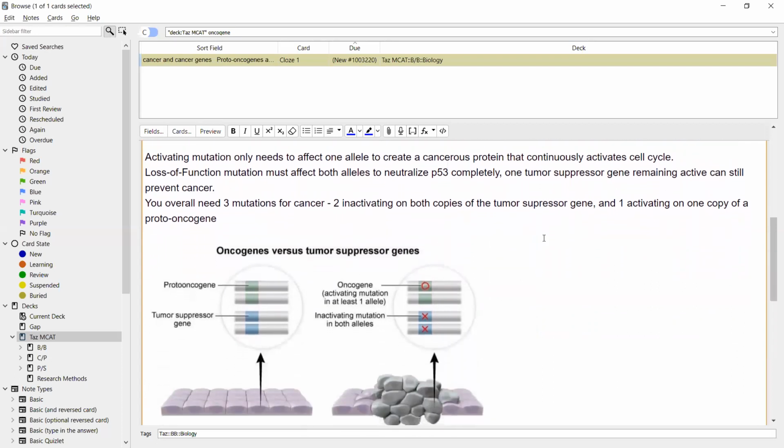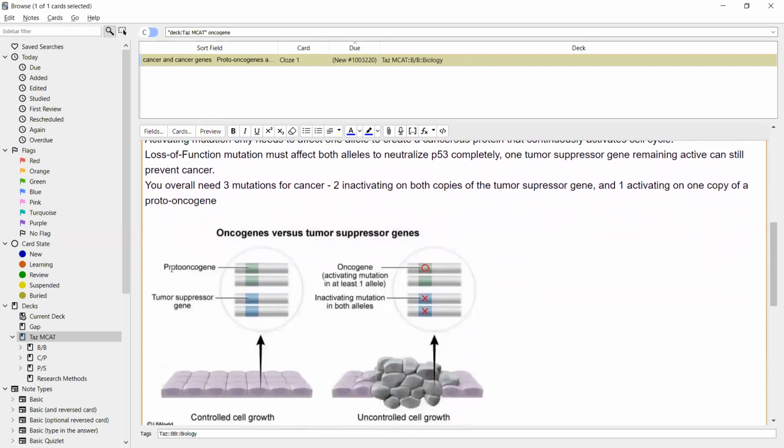Here's an example. A proto-oncogene could become cancerous if mutated, but it's not yet. These are genes we normally need, for example genes involved in running the cell cycle, right?